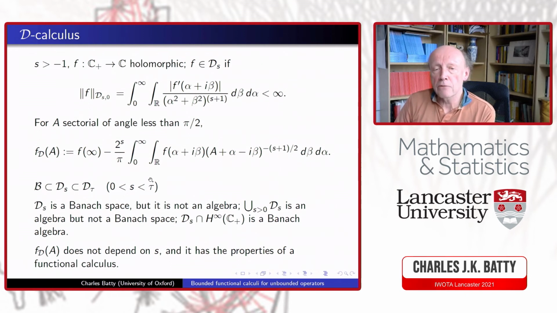It gives a bounded algebra homomorphism from D_s, or from the union of all the D_s's, into L of X, mapping the resolvent to the resolvent. And it has basically similar properties to the B calculus, as the convergence lemma and so on.